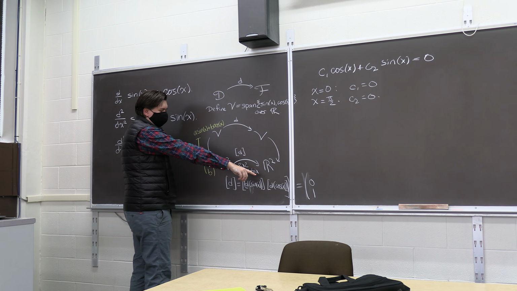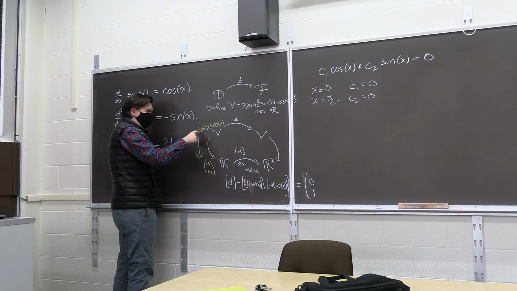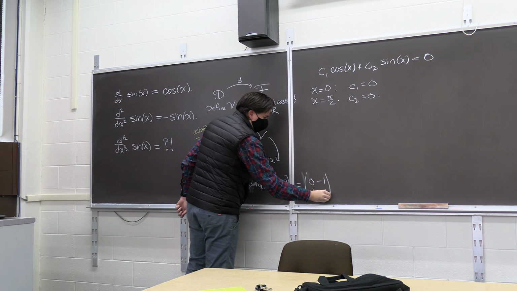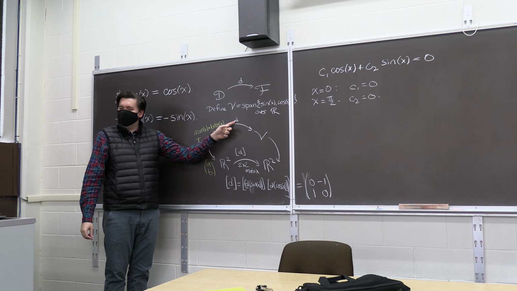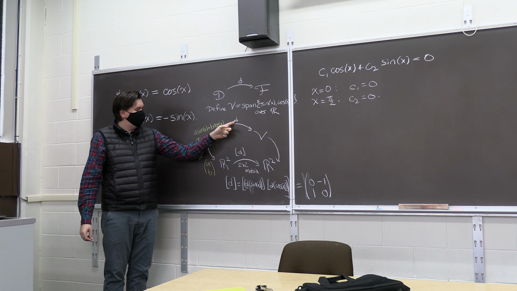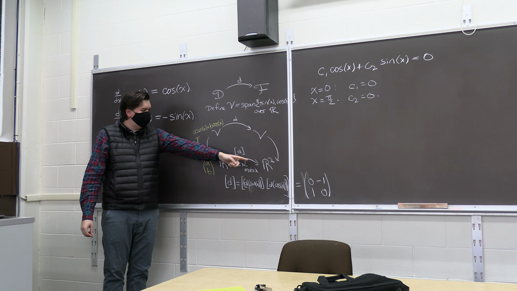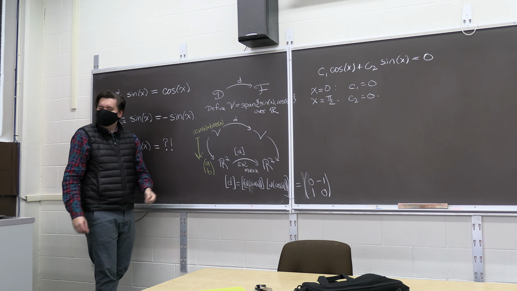And cosine's derivative is negative sine. So this is negative 1 copy of sine, 0 copies of cosine, so that gets sent to (-1, 0). So the linear transformation represented by D has a corresponding matrix with rows (0, -1) and (1, 0), that is, columns (0, 1) and (-1, 0).